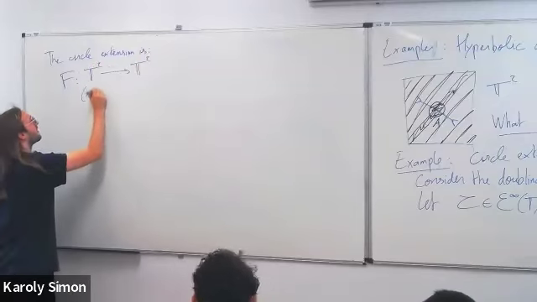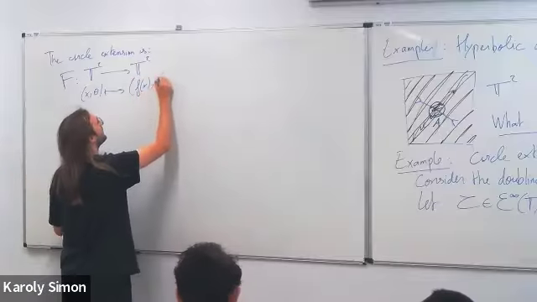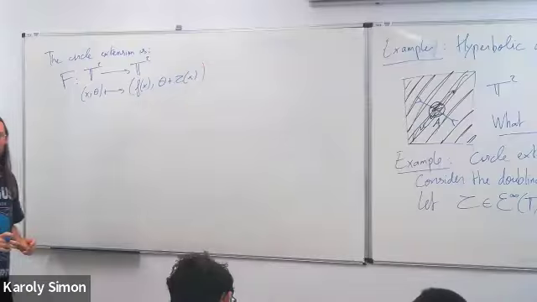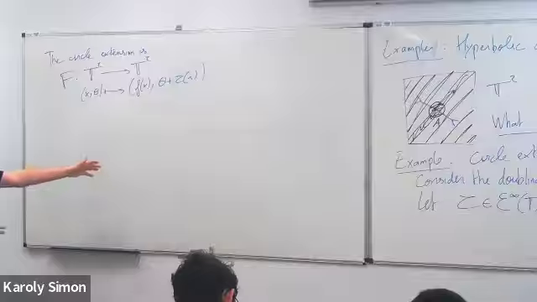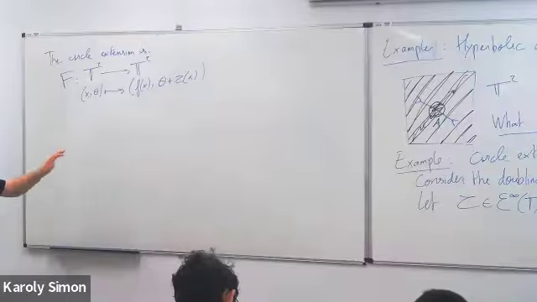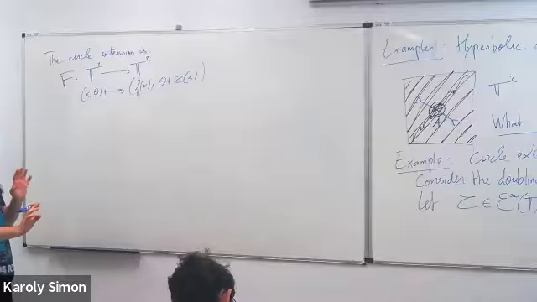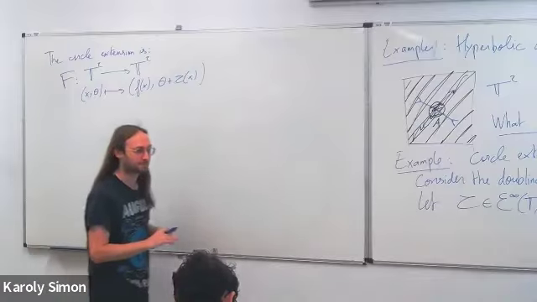It takes x and theta to T of x, and then theta plus tau of x. So you see, in the theta direction, the dynamic is neutral, but in the x direction, you are expanding. So it's not clear what's going to happen. Is the neutral direction going to win, or is the hyperbolic direction going to win? It's not clear.